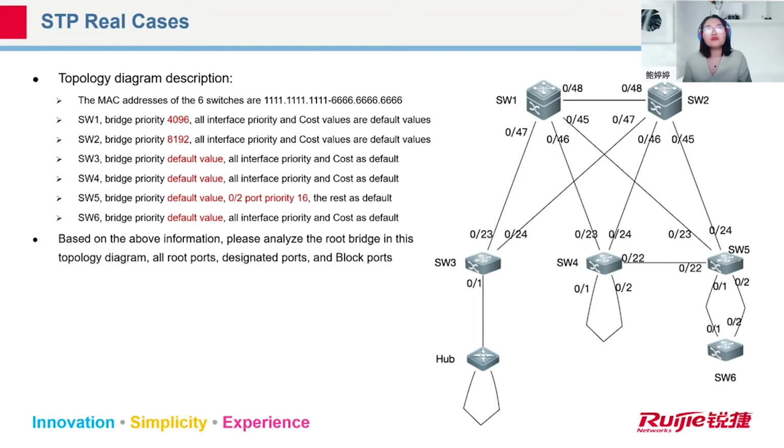So first, according to these parameters, who can show me an answer? Which switch will become the root bridge? Who is the root bridge? 1, 2, 3, 4, 5, 6. Switch 3? Really?